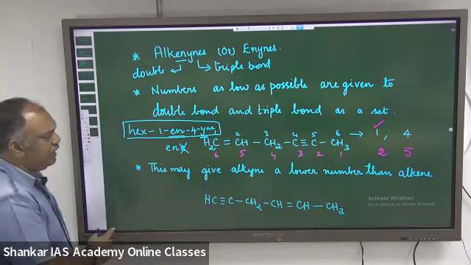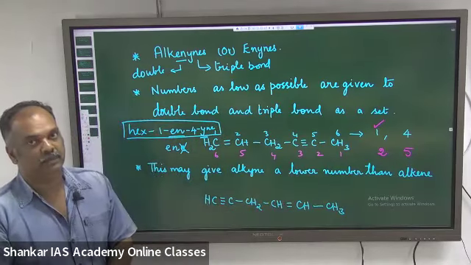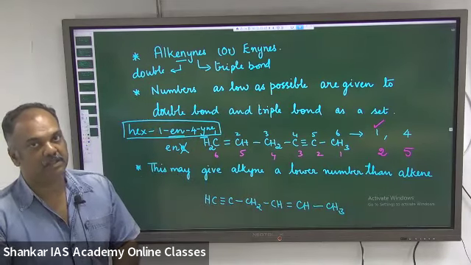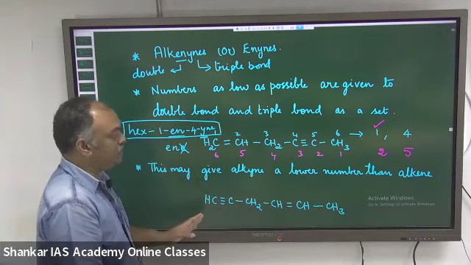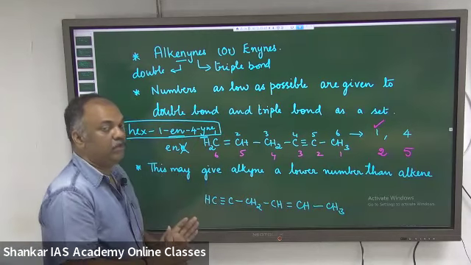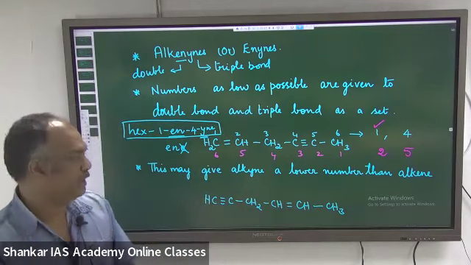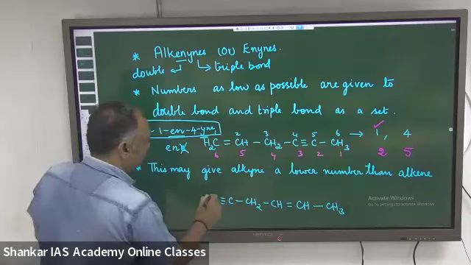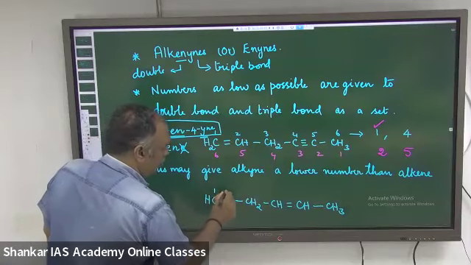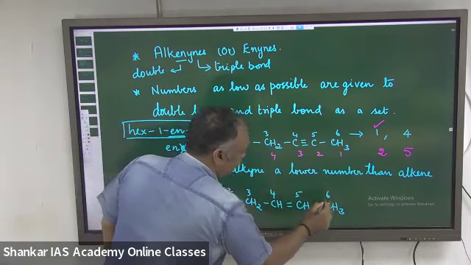Now, this kind of numbering may give alkyne a lower number. I told you double bond gets preference over triple bond, but what the rule says is, you should give the numbering such that they get the lowest locant, meaning the lowest numbering. So see this. I will start numbering from left to right: 1, 2, 3, 4, 5, 6.